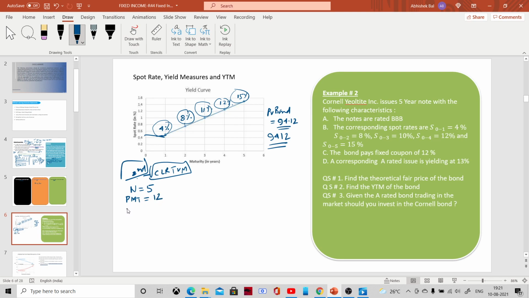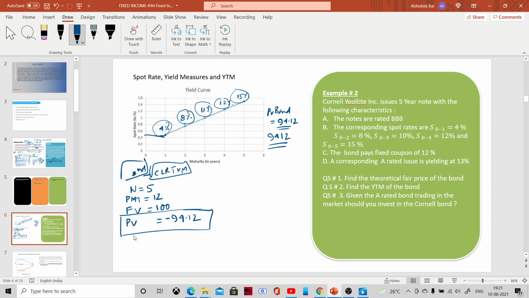Put the face value, which is going to be 100 as expressed in percentage, and the present value we have already found out to be 94.12. Remember, we always prefix the present value with a minus sign depicting that it is a cash outflow, because obviously when you're investing in something, the cash is an outflow. This is your cash inflow.